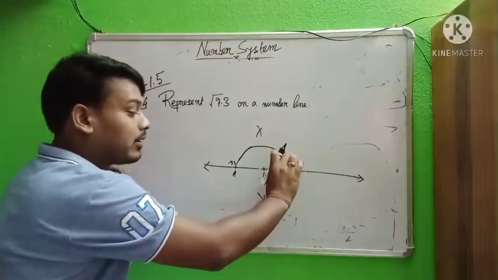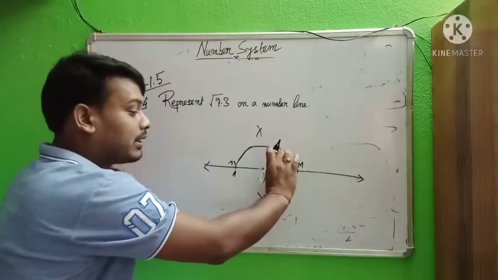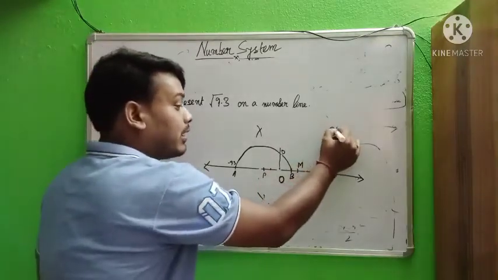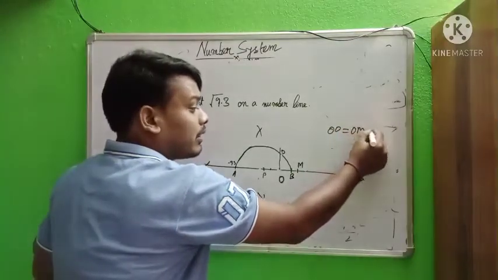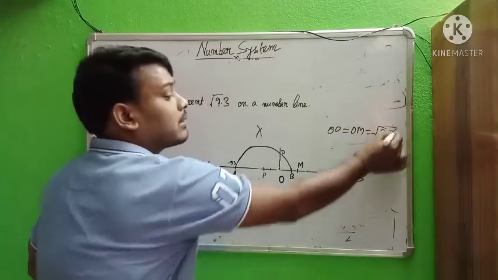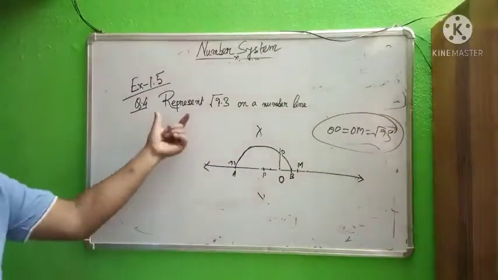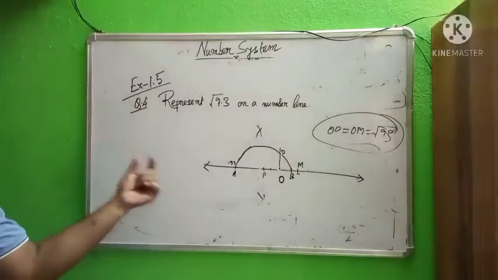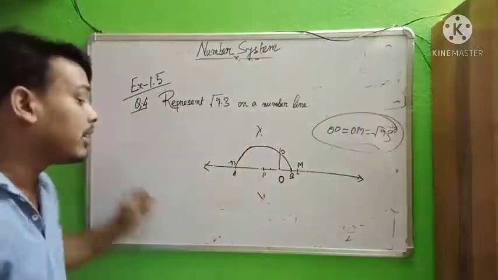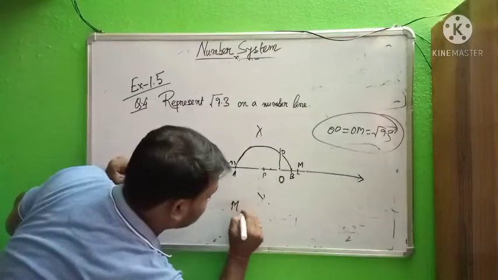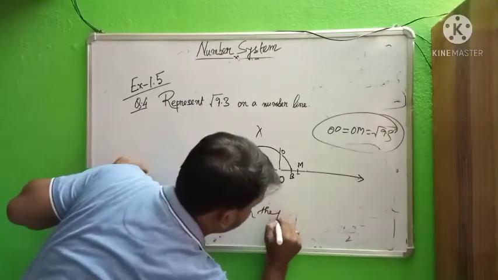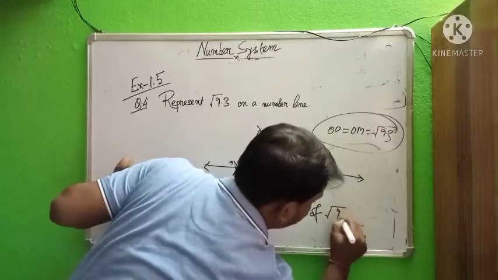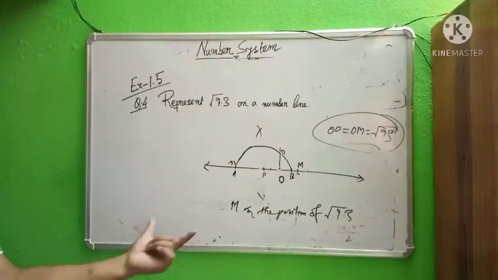Since OD is the value of root over 9.3, with the same length we cut the number line at M. Therefore OD equals OM equals root over 9.3, and this is the question: represent root over 9.3 on the number line. So M is the representation of root over 9.3. You can write as an answer, M is the position of root over 9.3. Very easy process.